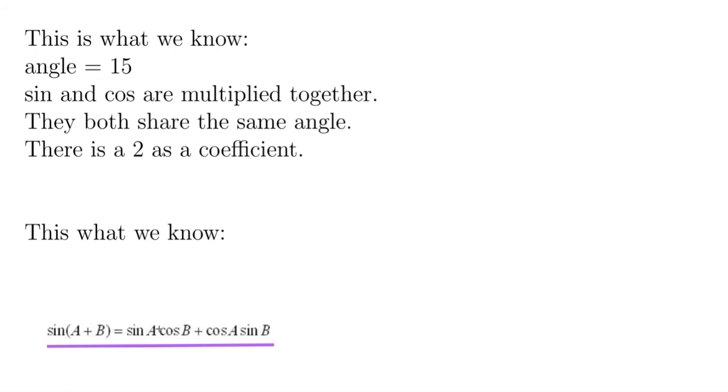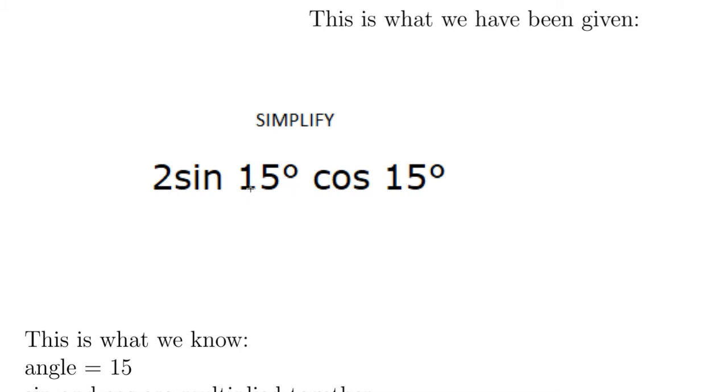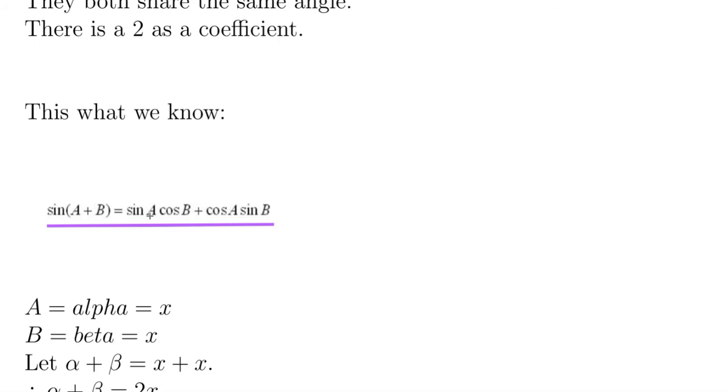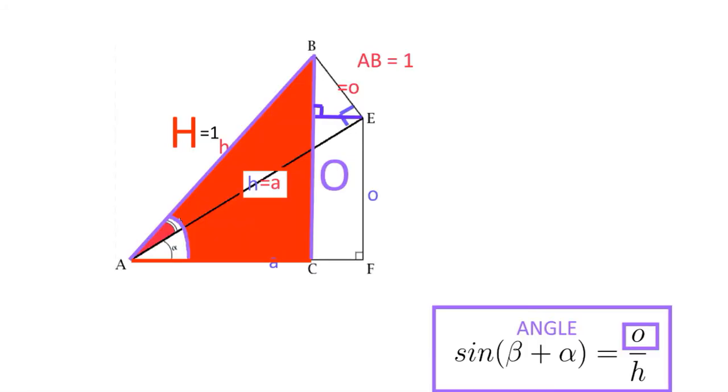We have two angles here, but the angles in here are exactly the same. There's not a difference between the angle for sine and the angle for cos. So considering that, let's have a go at saying, imagine that alpha and beta were the exact same size.